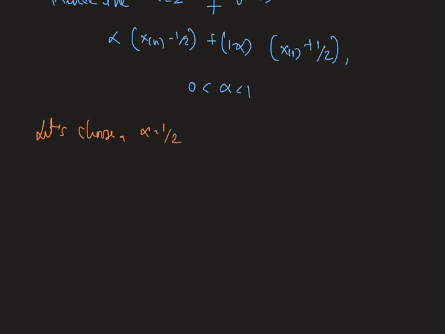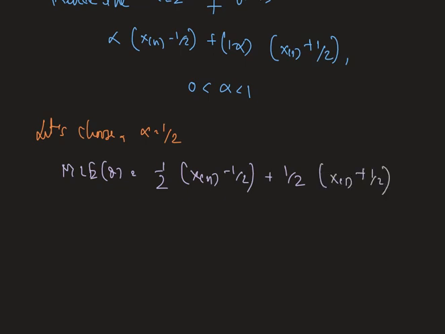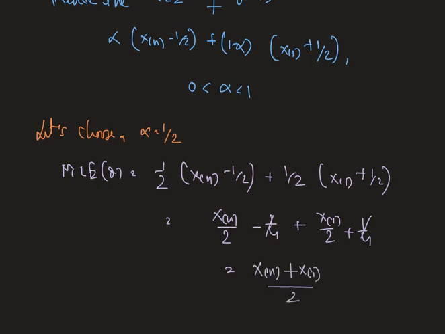Okay, hence the MLE of theta reduces to half x order n minus half plus half x order 1 plus half. That means x order n divided by 2 minus 1/4 plus x order 1 divided by 2 plus 1/4, which reduces to x order n plus x order 1 divided by 2.